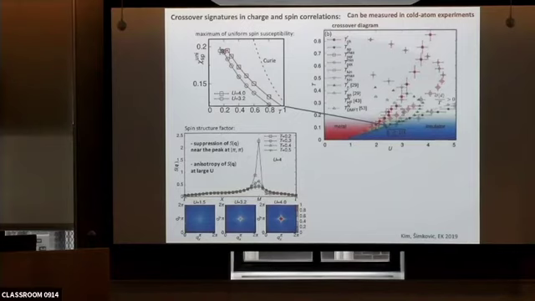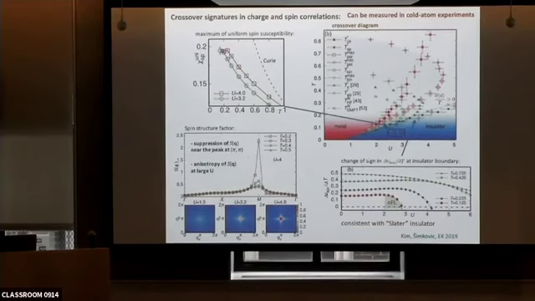I'm not going to go into details. It has some interesting effects, anisotropies, etc. And interestingly, we can see the signature of this non-Fermi liquid regime, which happens between the compressibility crossover and the magnetic crossover, where we can look at the derivative of the kinetic energy with respect to temperature, and see that it has a maximum, where the maximum corresponds to the beginning of the non-Fermi liquid regime, somewhere around this line, and then it changes sign, as it should in a Mott insulator, below the insulator line.